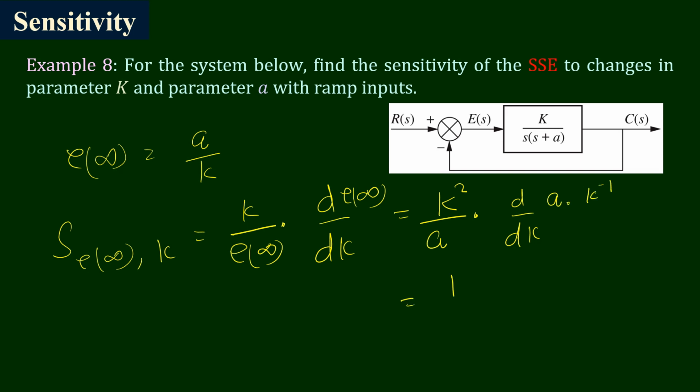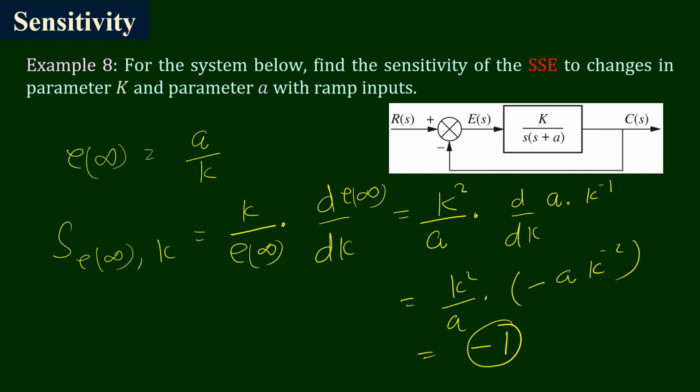So this will be K squared upon A multiplied by minus A K to the power minus 2, which comes to minus 1. So here the sensitivity is minus 1.